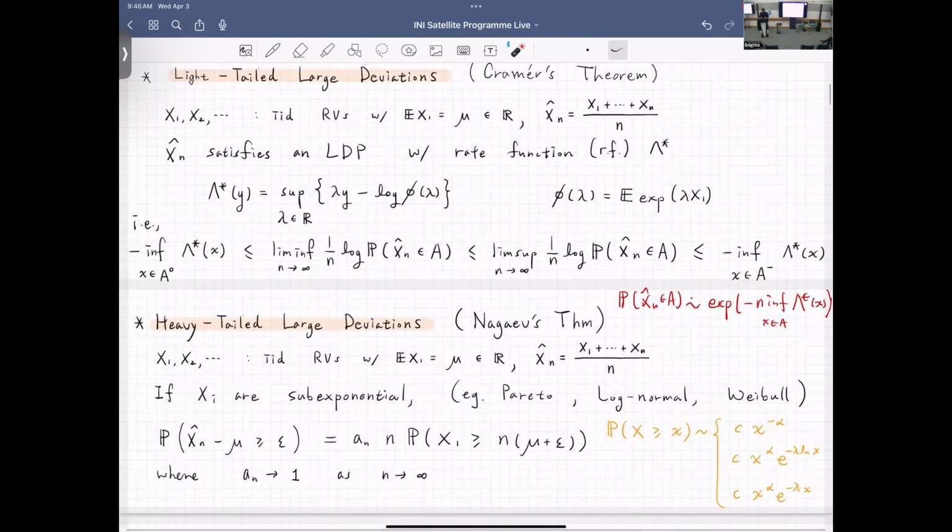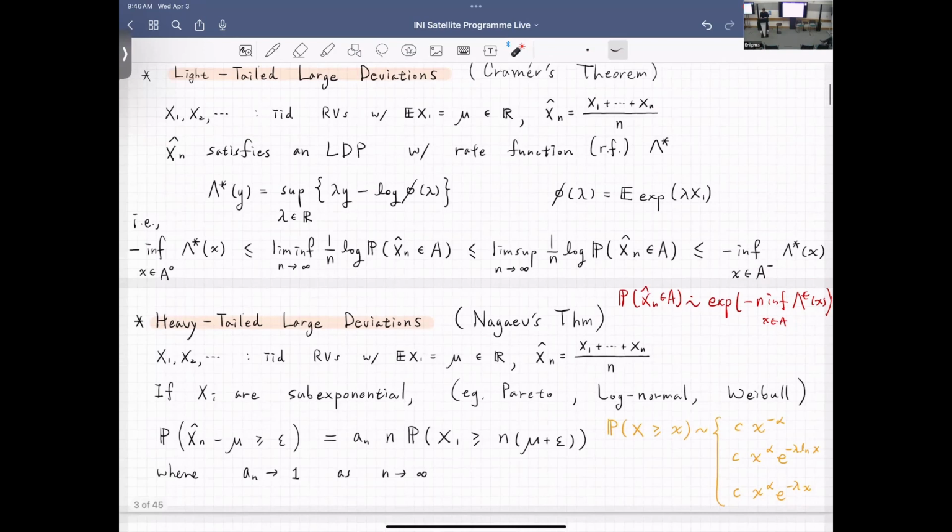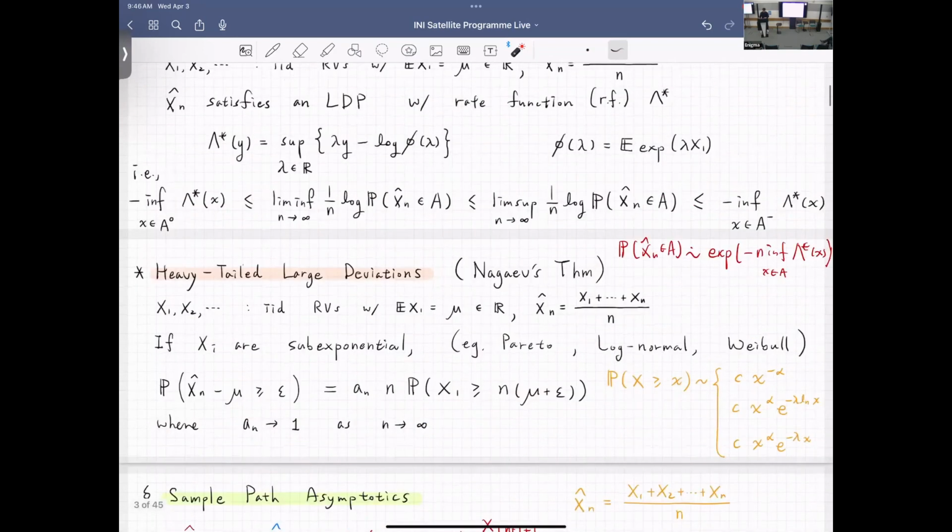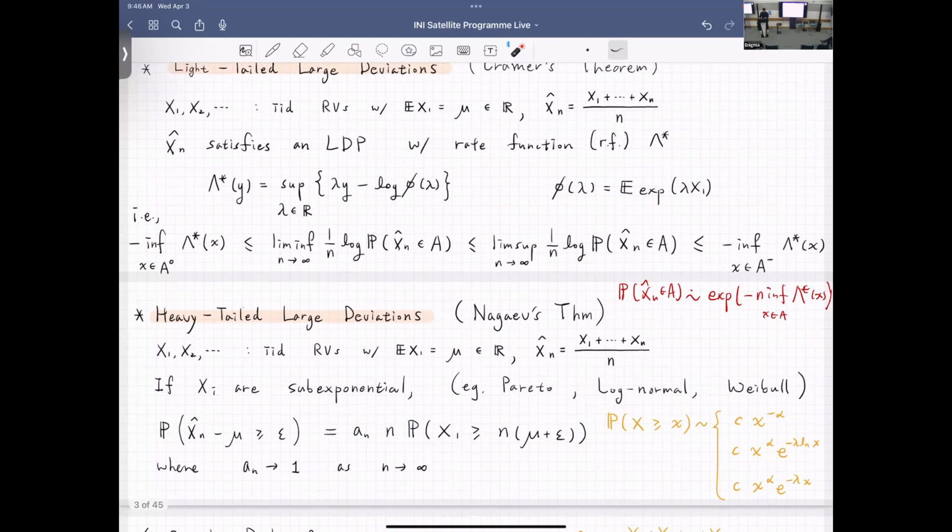Okay, so this is the likelihood large deviation, and you see that here this phi is infinity if X is heavy-tailed. I didn't give you the exact definition of heavy tails, but if you don't have an exponential moment, that's what I am usually inclined to.